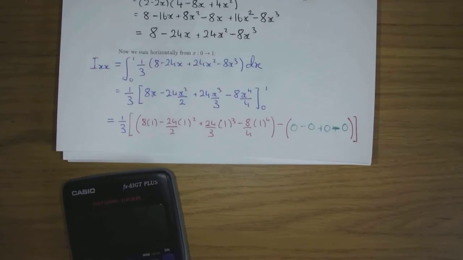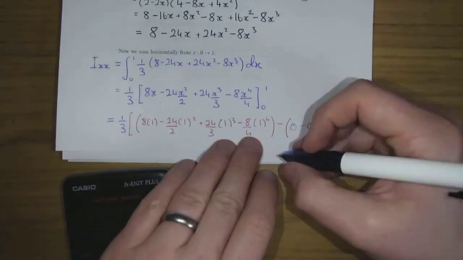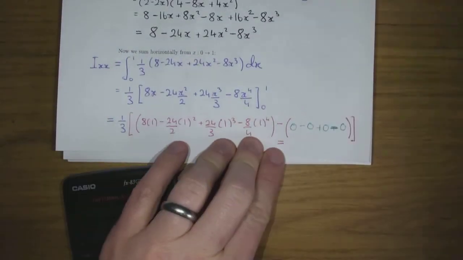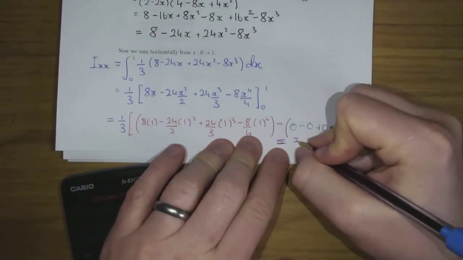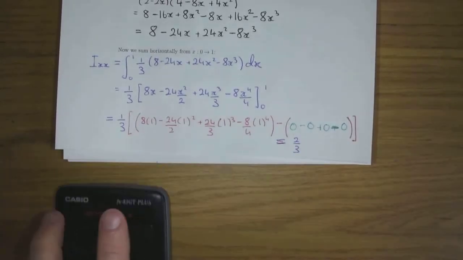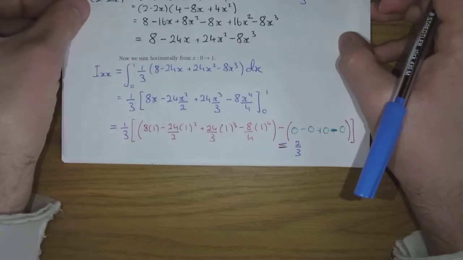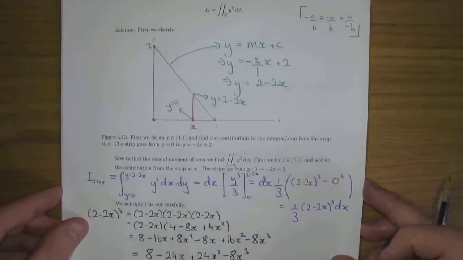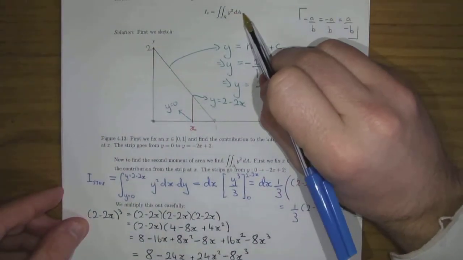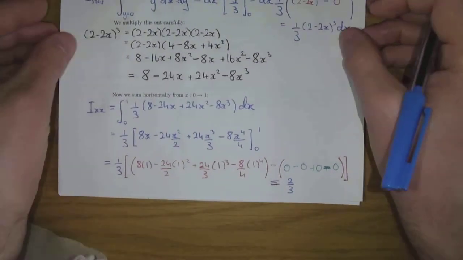Similar story, this is just minus 12. Similar story, this is just 8. Similar story, this is just 2. And we get, after all of that, 2/3. If there were units and there were SI units, it would be units of meter to the power of 4, as you should know. But that actually is also here because this is meter squared by meter squared, which is meter to the 4. Okay.